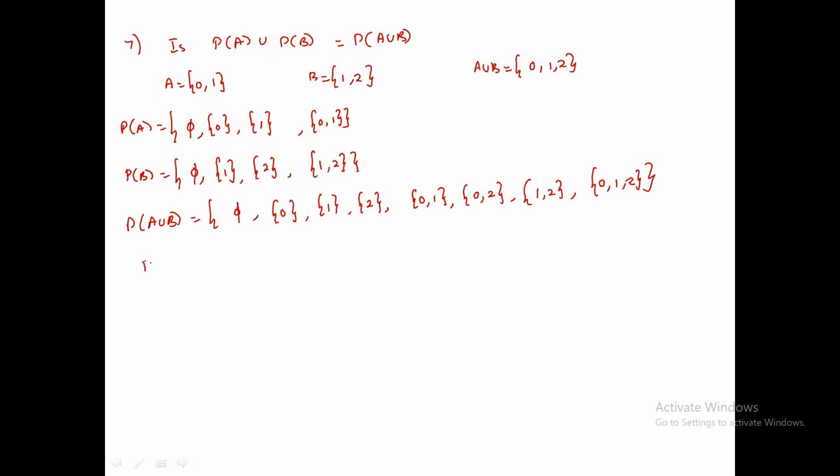Now you can see the power set of A union power set of B will be the empty set, {0}, {1}, {2}, {0, 1}, {1, 2}.